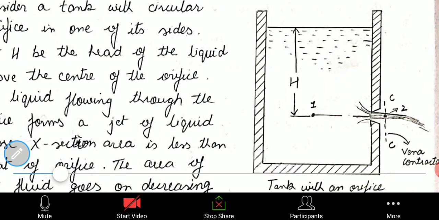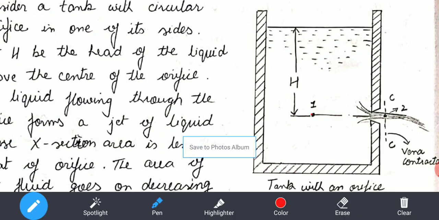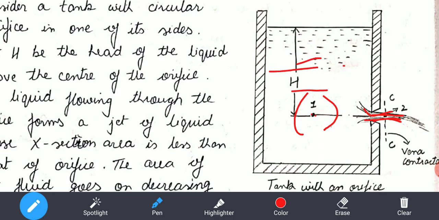We consider two sections here: section 1 is within the tank and section 2 is outside the tank. When the liquid in this tank flows through this orifice, it will form the shape of a Z. It will flow in the form of a Z, because it flows from a large area to a small area, so it will reach out in the form of a Z.